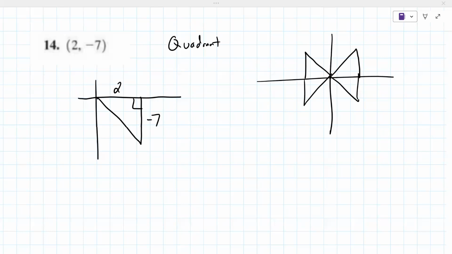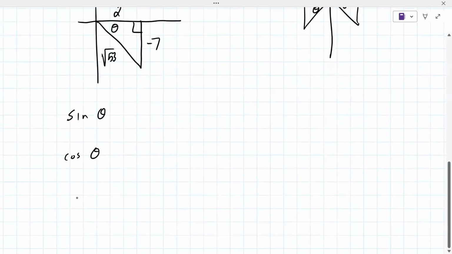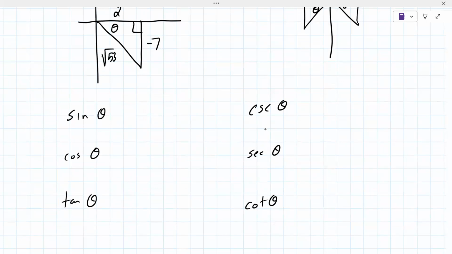Yeah. Okay, so from here, and the angle, I didn't write this in, but this is your angle. Do you get a reference sheet for your test or quiz? No. Okay, that's disappointing. All right, so we talked about this last time: sine theta, cosine theta, and tangent theta. And then you've got to also give me cosecant theta, secant theta, and cotangent theta.